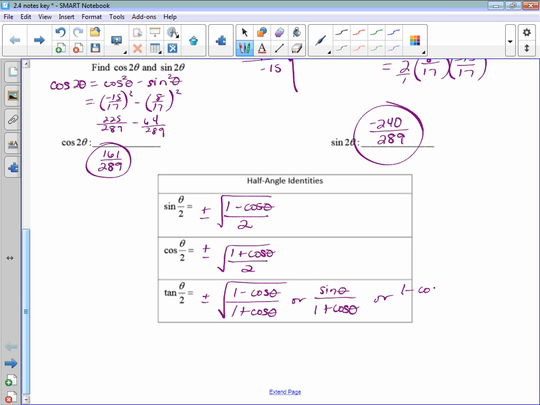Or 1 minus cosine theta over sine theta. No square roots, no plus or minus. Those work themselves out for you.